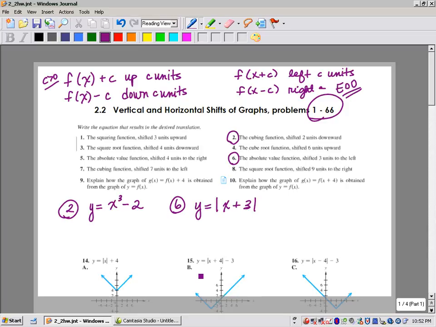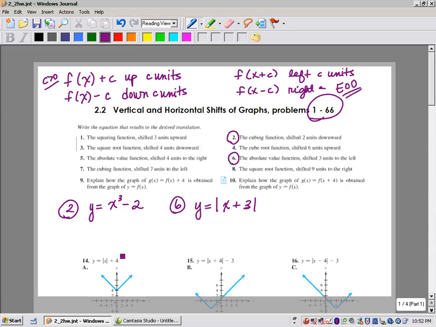Now, number 14, 15, and 16 is kind of running off my page here, but it is to match the equation that's given here with the correct graph. So 14, 15, or 16 we're matching to either A, B, or C. So y is equal to absolute value of x plus 4. That's that outside change.